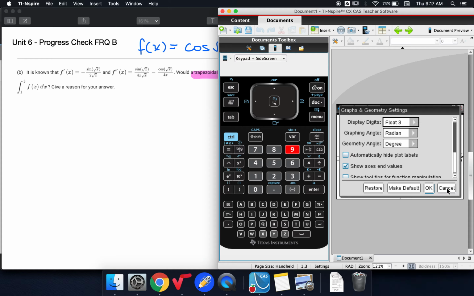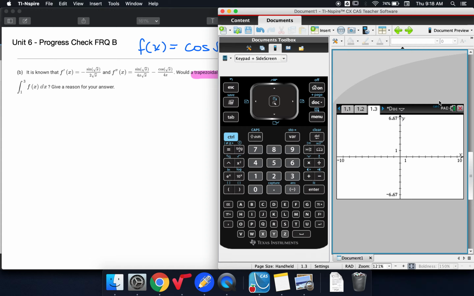Even though it says radians up here, you just want to make sure you're also in radians mode here. And I want to look between 1 and 3 at the graph of sine of square root of x divided by 4x square root of x.